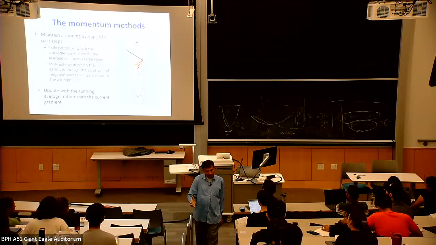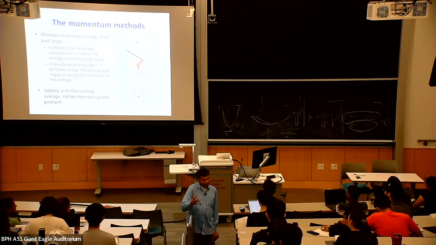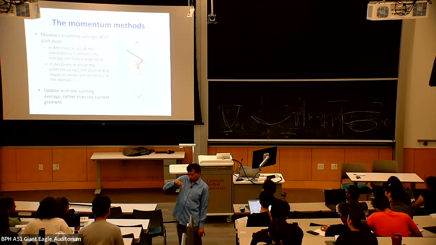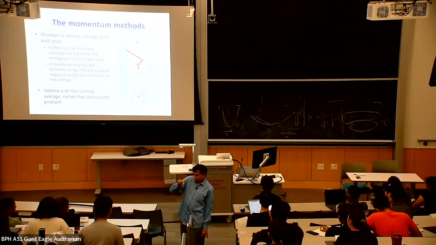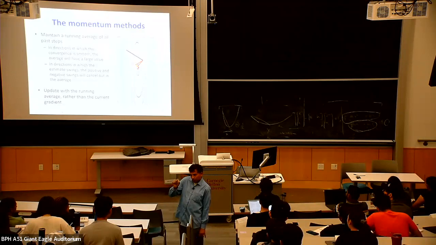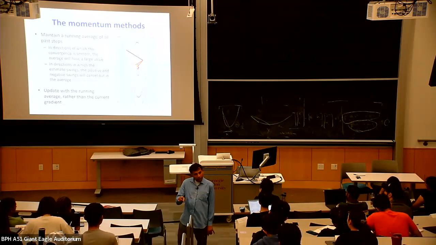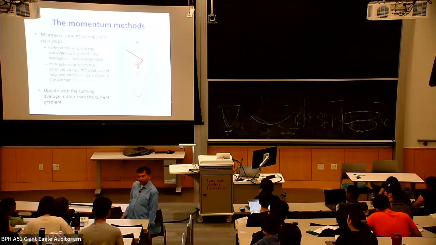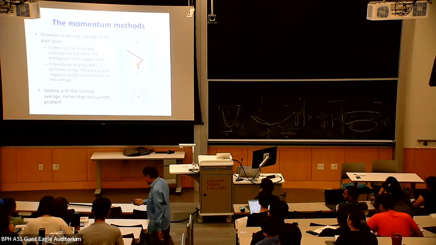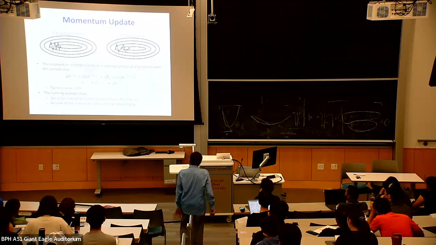Make sense? So if I'm oscillating, the running average is going to get smaller and smaller till I'm not bouncing back and forth. Whereas if I'm going steadily forward, the running average is going to keep pointing forward to me.